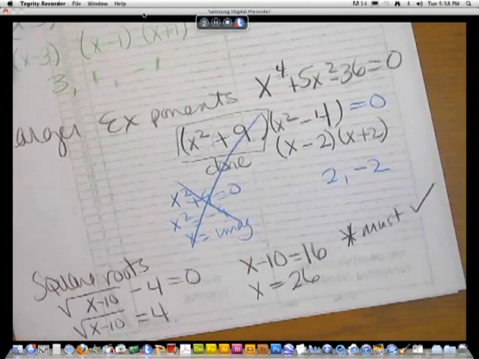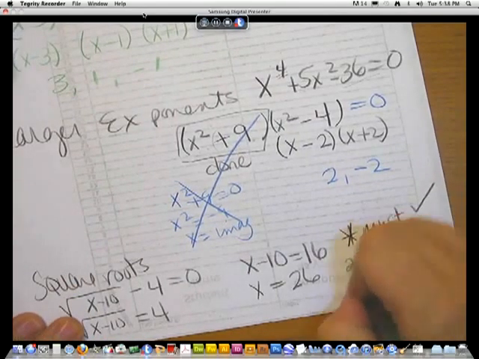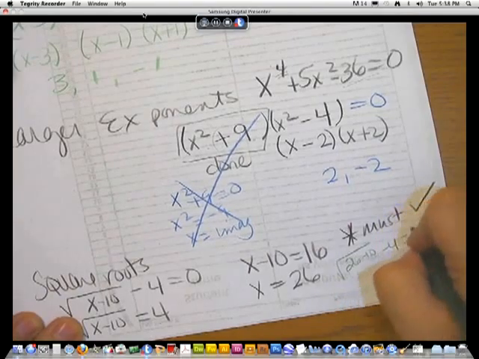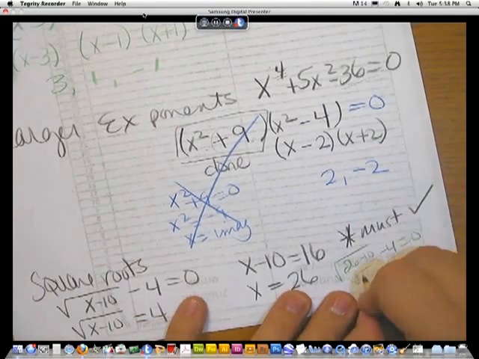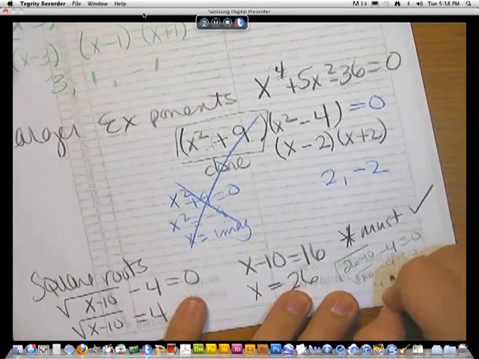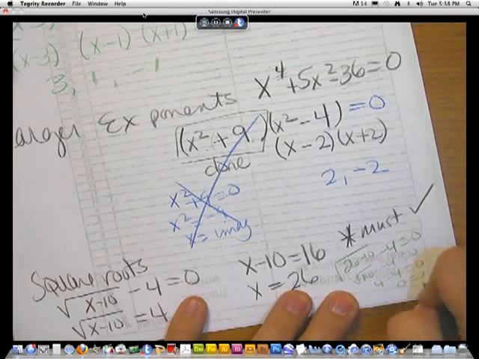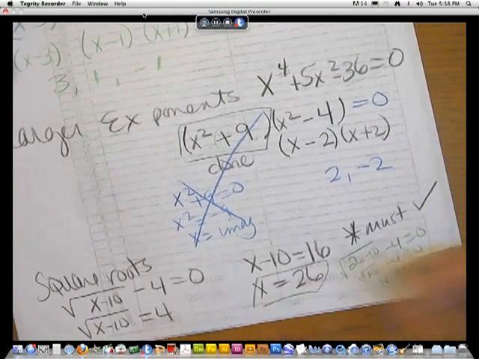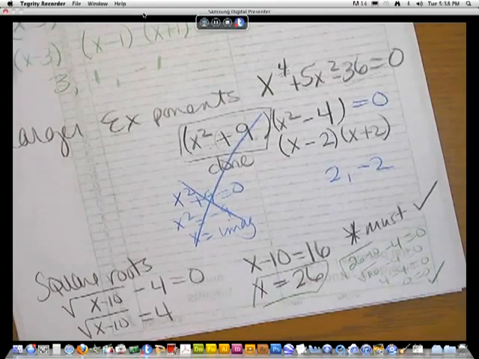So in this case, I get 26 minus 10, well, that's 16, square root is 4, 4 minus 4 is 0. Yes, it works. Yes, that's my solution. But you still must check it. You must check square roots, you must check absolute values, and you must check fractions every single time you solve one of those types of problems. All right, the last thing we need to be able to do is use our calculator.